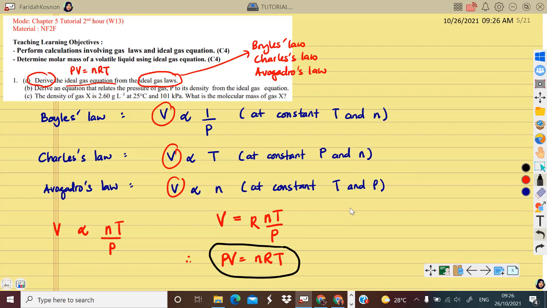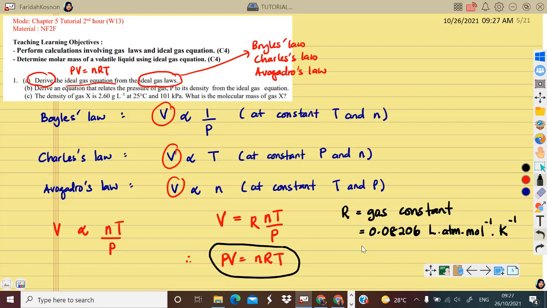Okay, cuba kat sini mention lah R adalah apa? Gas constant. So what are the values of R? Okay, there are two values of R. First, we have 0.08206 liter atm per mole per Kelvin. The unit is important.